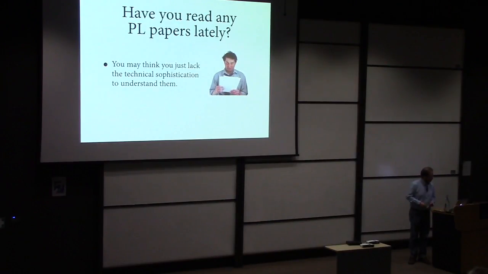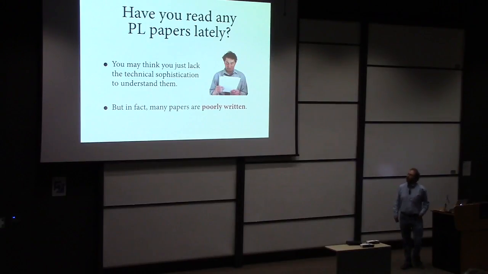Okay, so you may think that the reason that you don't understand the papers is just that you're lacking the technical sophistication to understand what's going on, and maybe that's part of it. But in fact, the fact of the matter is many papers are just poorly written. Okay, a lot of the papers that actually get accepted to a conference like ICFP will be pretty well written, but still quite a few won't.